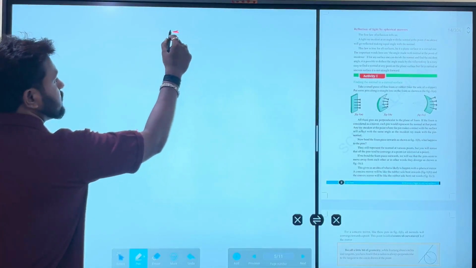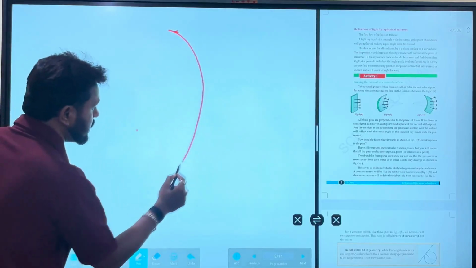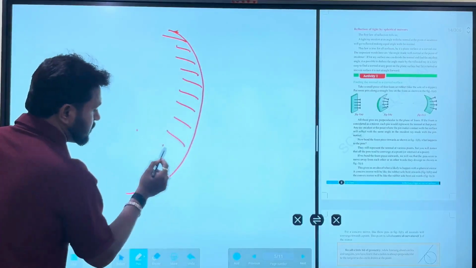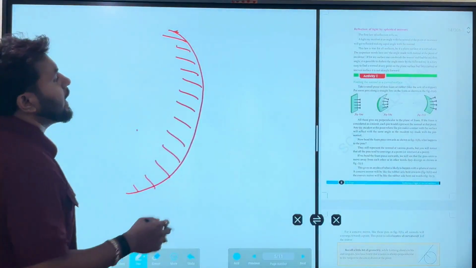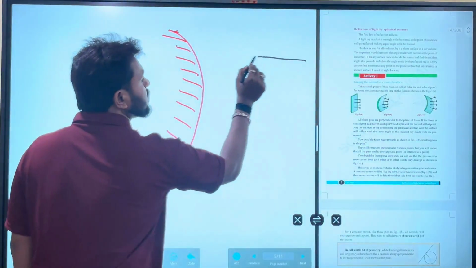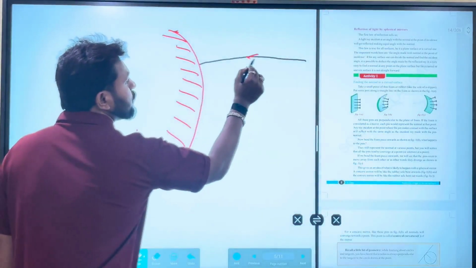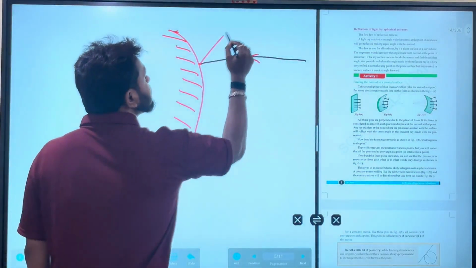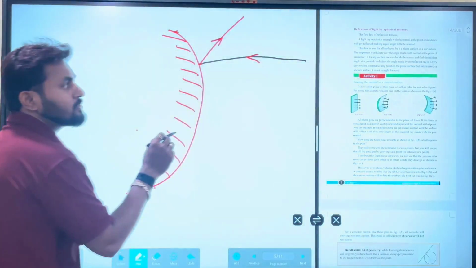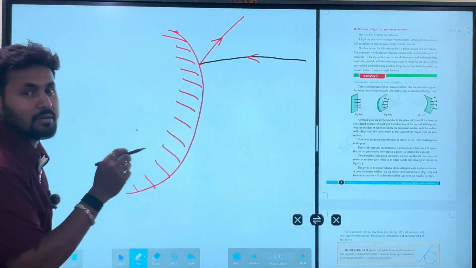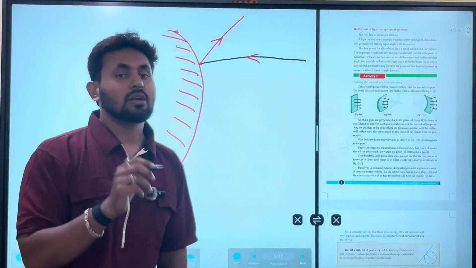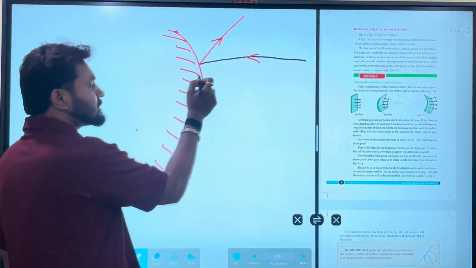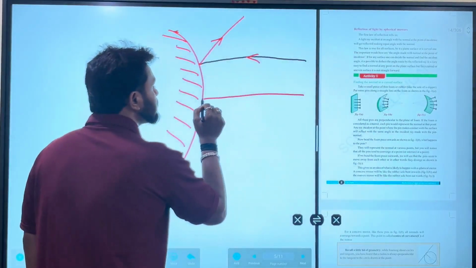Let's say we have a convex mirror, and suppose a ray of light is coming from here. This is a ray of light that is called the incident ray, and when it comes from here, it will get diverged like this. This happens only in a convex mirror. No matter how many lights are coming, each light will get diverged. That's why this is called a diverging mirror.